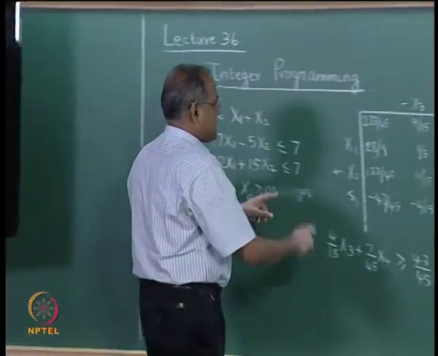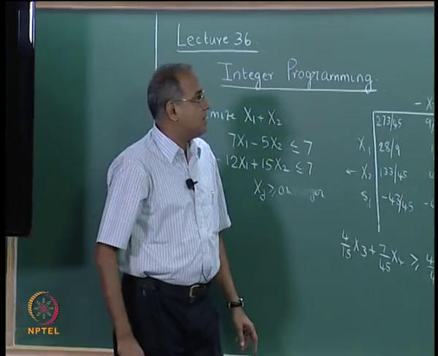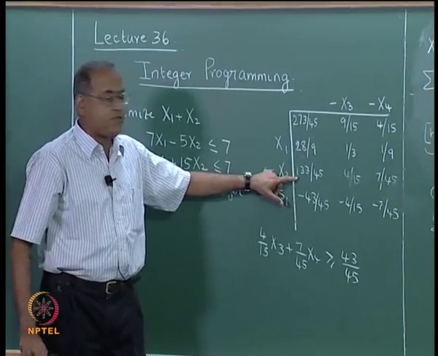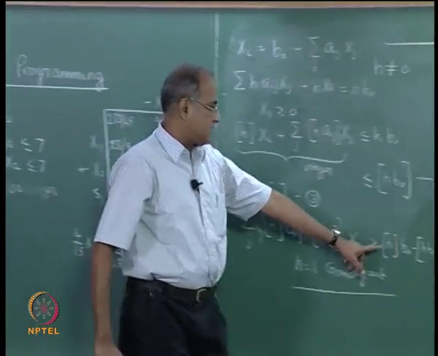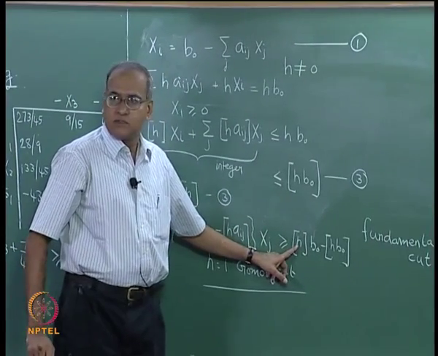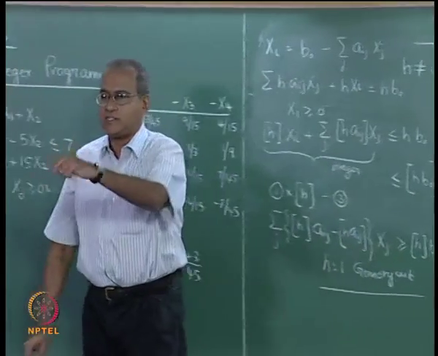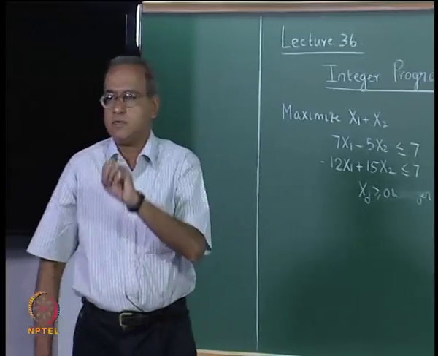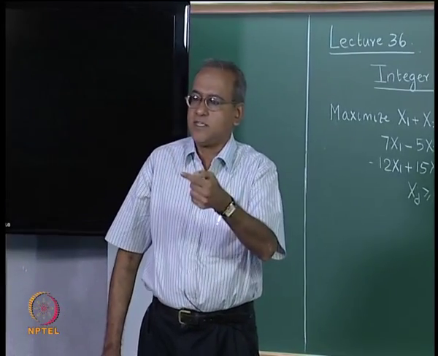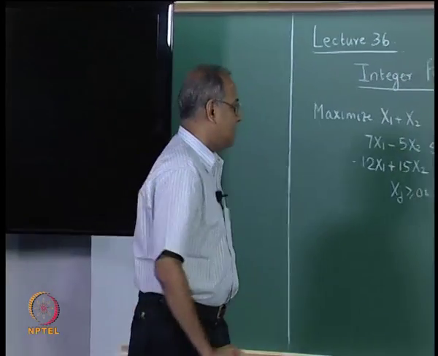Now go back to this expression, b naught is 133 by 45. So this is 133 by 45 minus lower integer value of 133 by 45, which is 2. So 133 by 45 minus 2 is 43 by 45, which comes here.